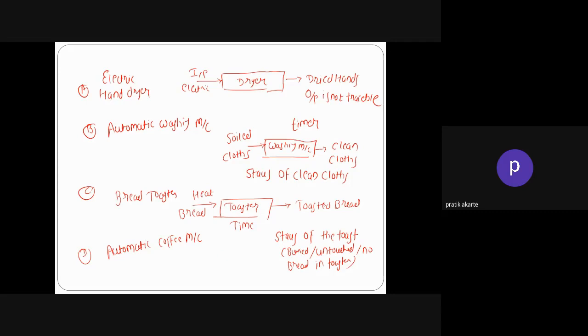So it is assumed that the cup is placed. This is the machine, and below that the cup is placed, and it will simply release a fixed amount of beverage into this cup. It will not ensure whether the cup is placed or not. If we simply press a button over here, it will release it, irrespective of whether the cup or container is placed.